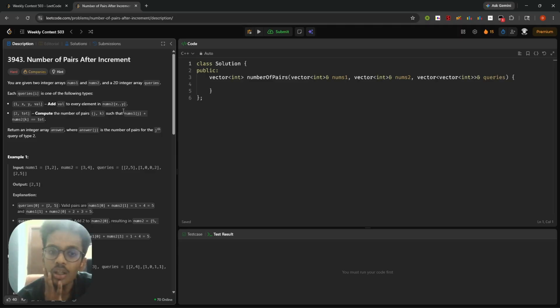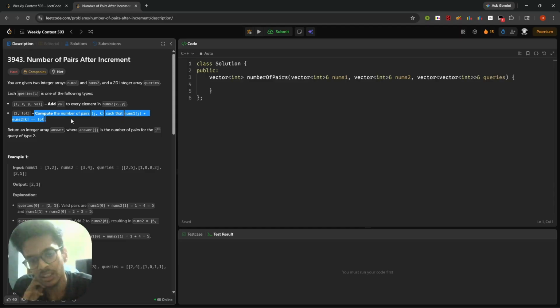Okay, so this is a pair sum kind of query. Can a segment tree handle it? A segment tree cannot handle these kinds of queries.